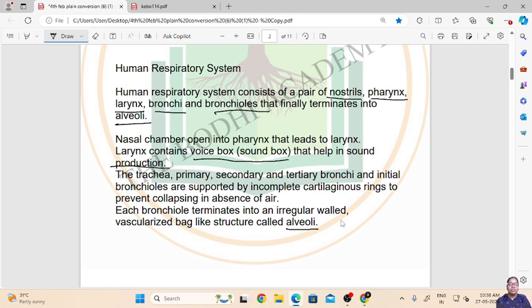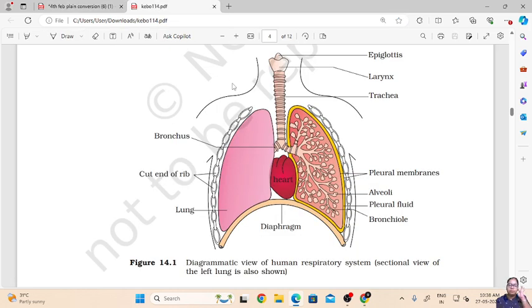So let us understand this with a figure. This is the figure which represents the human respiratory system. The human respiratory system starts with what? Nostrils.